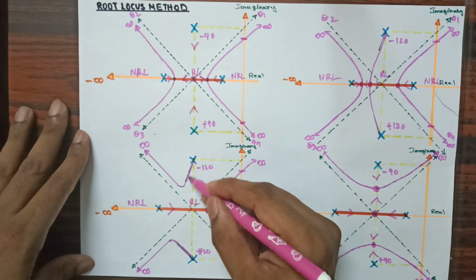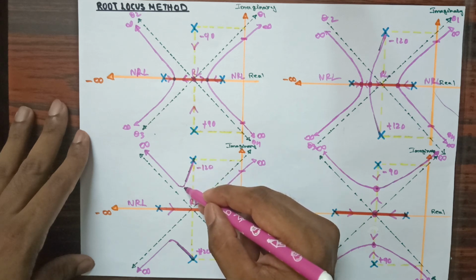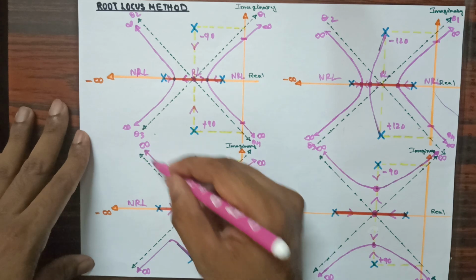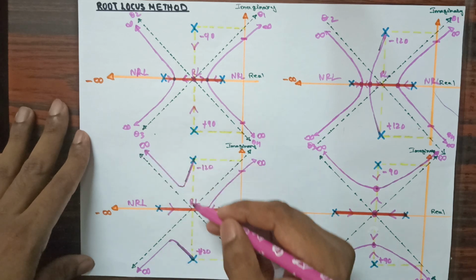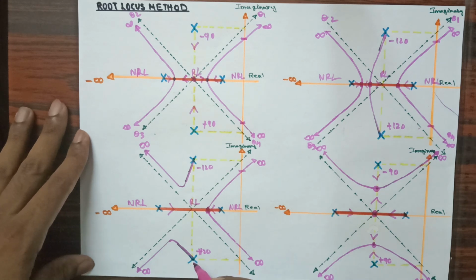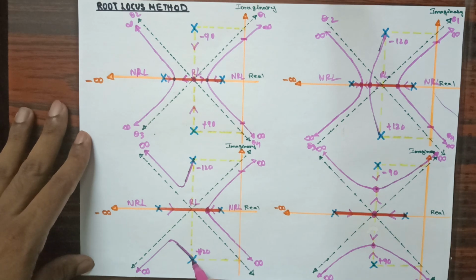Therefore as they come out with minus 120 degree, there is no breakaway point. They will move towards an infinite destination by following this angle, that is the angle of asymptote. The same way this pole also comes out at plus 120 degree, and it is not having any point to meet at the x-axis, so it will tilt with respect to this angle and move towards an infinite destination.